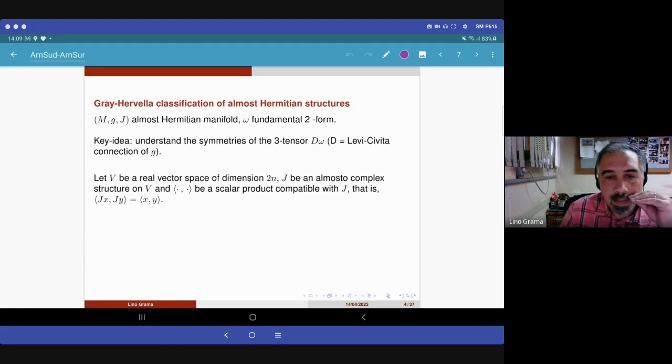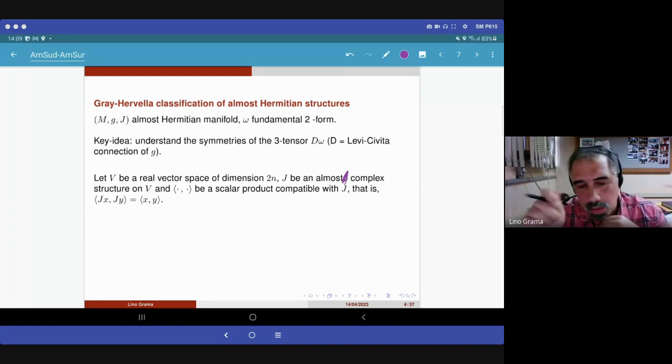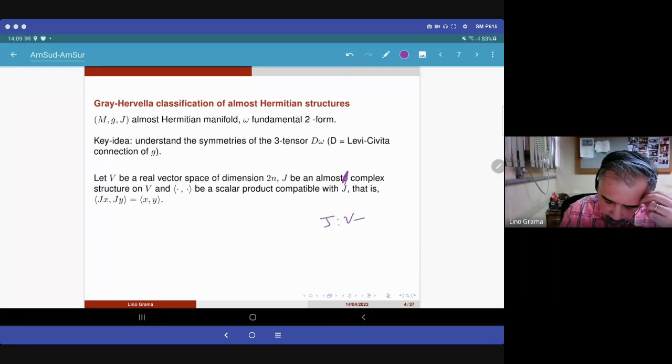We consider V a real vector space of even dimension, and J the almost complex structure of V. This is just an endomorphism J from V to V, where J squared is minus identity. And then we put a scalar product compatible with J in this sense.